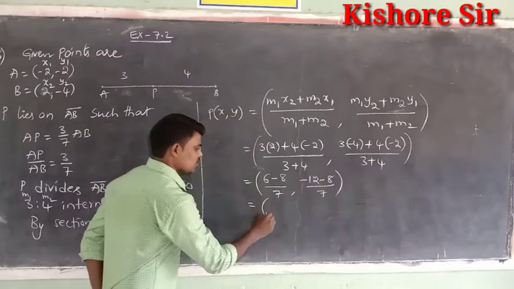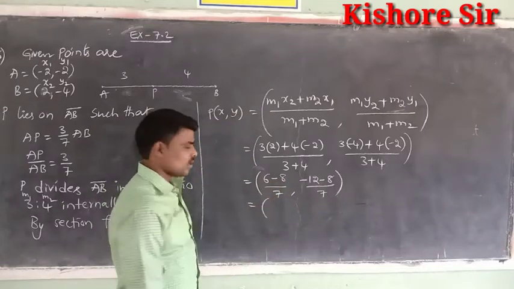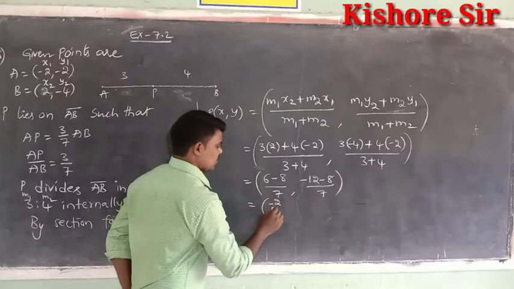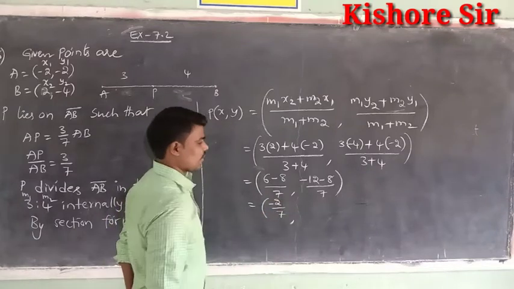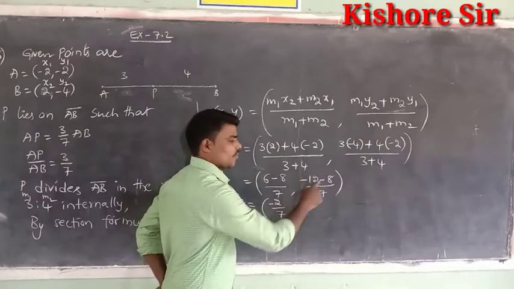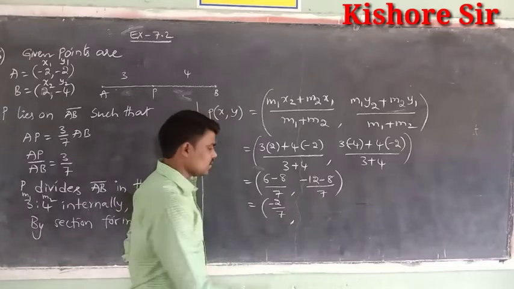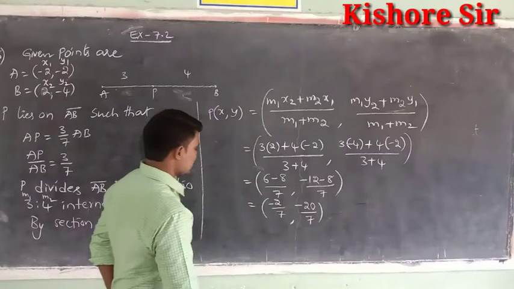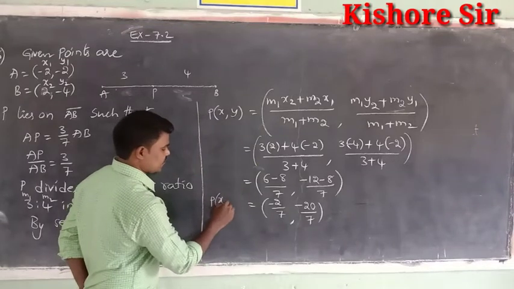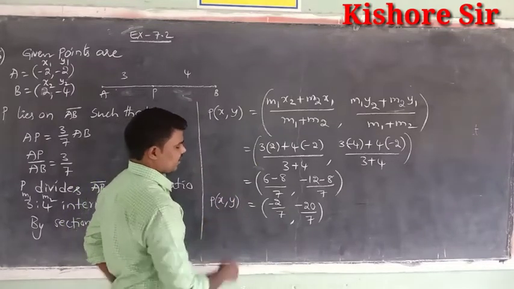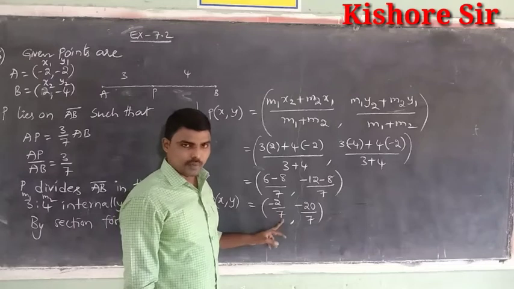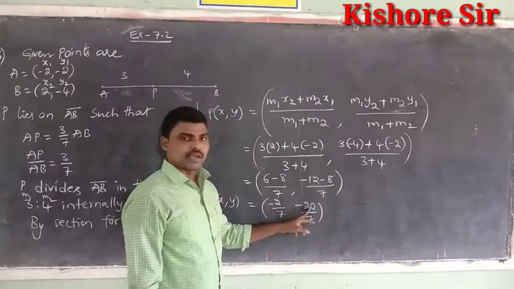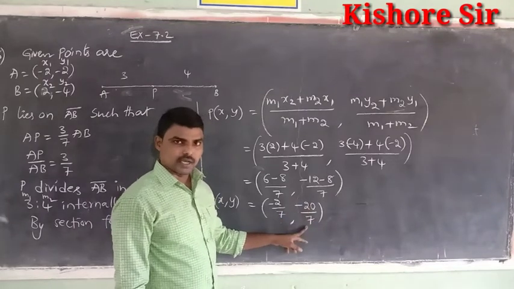So that is equal to (6 minus 8), that is minus 2 by 7, comma, minus 12 minus 8, minus 20 by 7. So the coordinates of the point P(x, y) are (-2/7, -20/7). Okay.